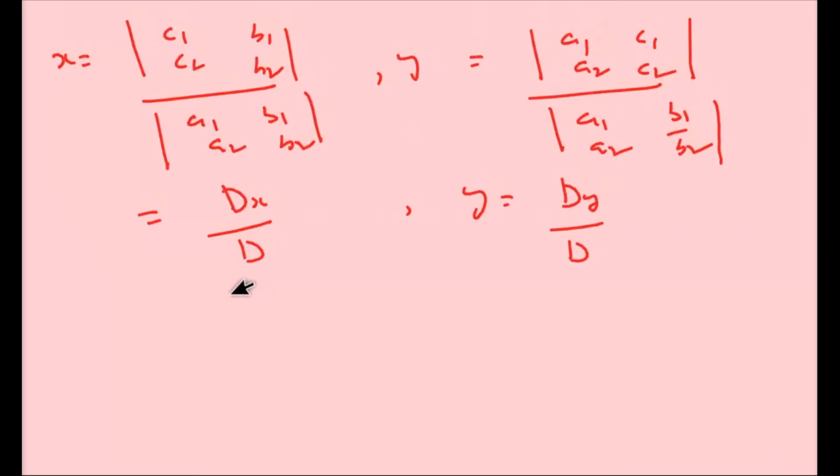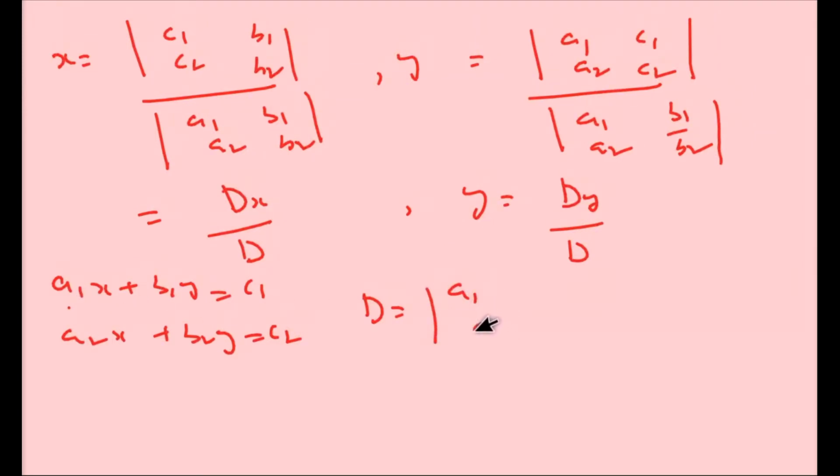Now come back to the same equations: a1x plus b1y equal to c1, a2x plus b2y equal to c2. D is the determinant of the coefficients, a1, a2, b1, b2.